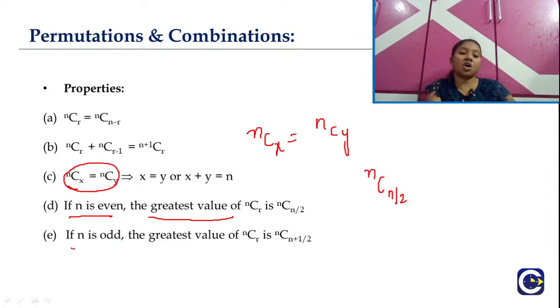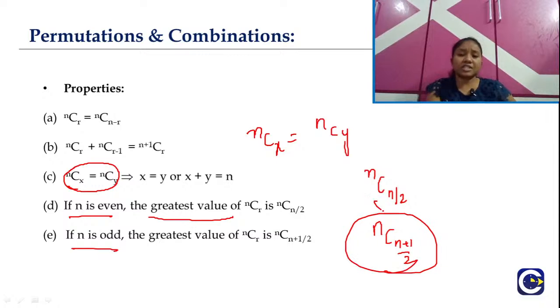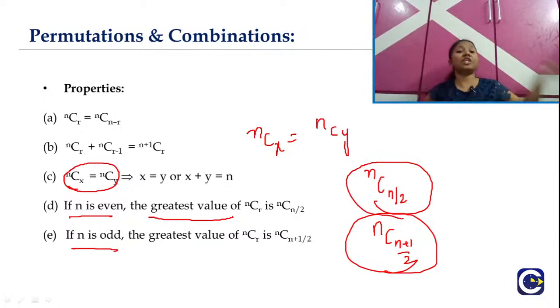Similarly, if n is odd, the greatest value of nCr is given by nC((n+1)/2). So this greatest value, when n is even and n is odd, you will be coming across again when we are dealing with our chapter binomial theorem.